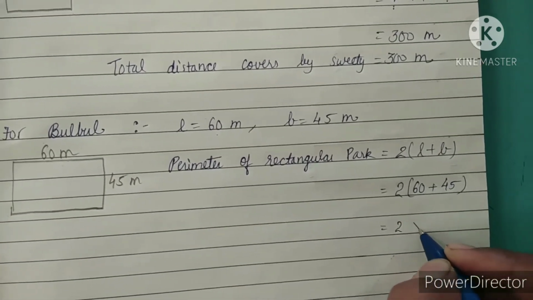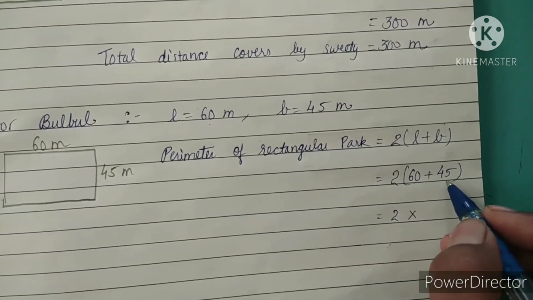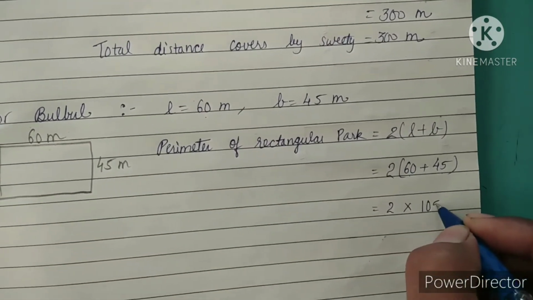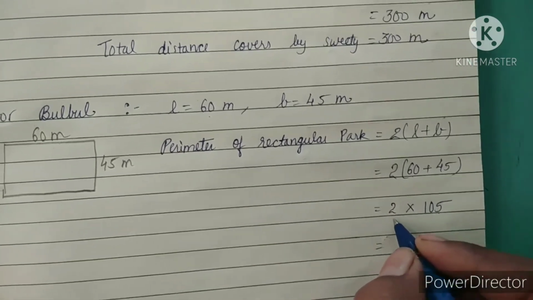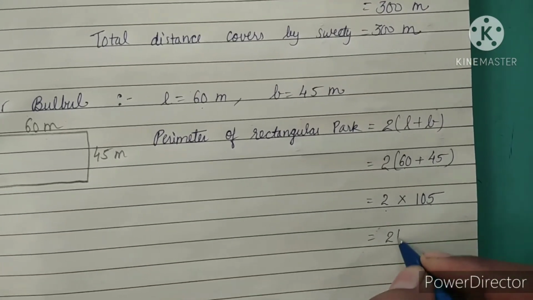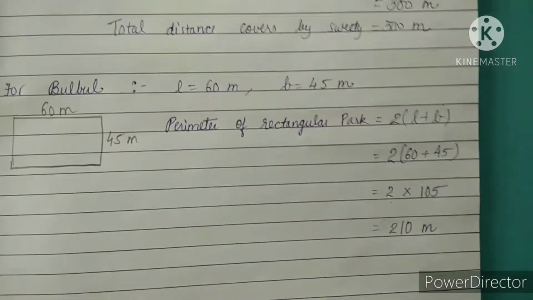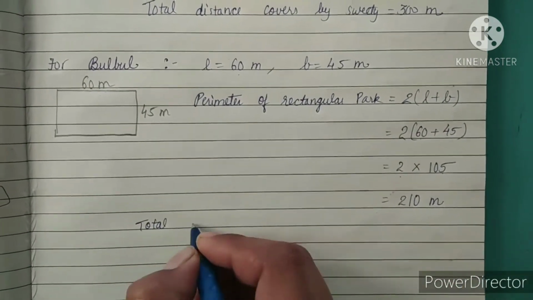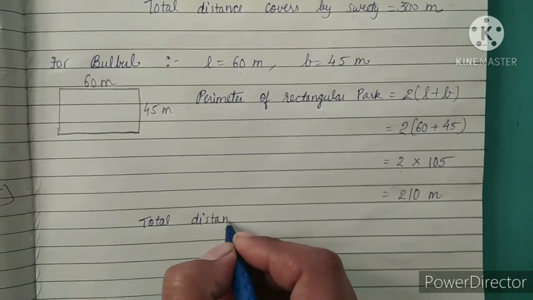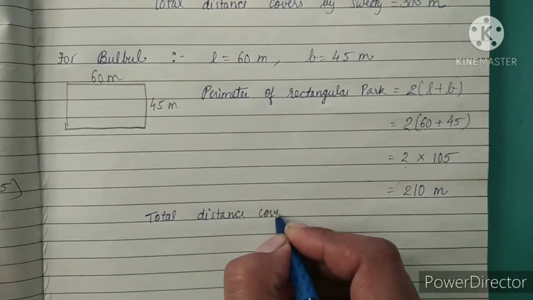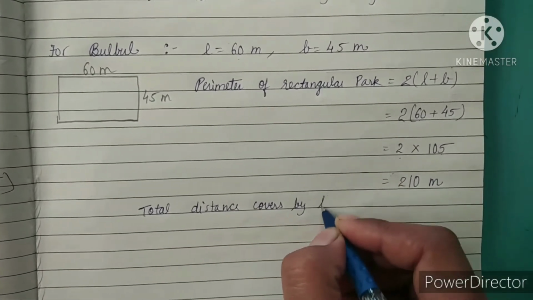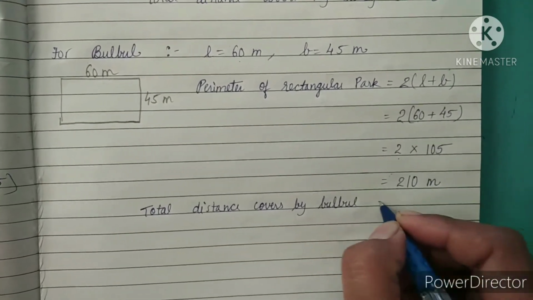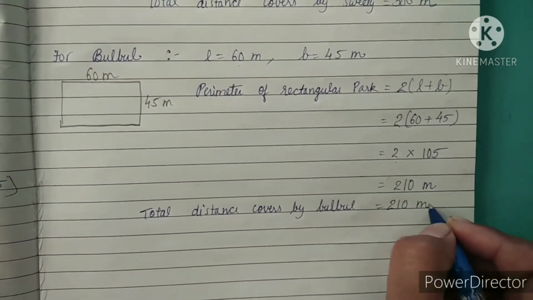This 2 will multiply 60 plus 45, which is 105, and 105 multiplied by 2 will give us 210 meter. So this is the total distance covered by Bulbul, 210 meter.